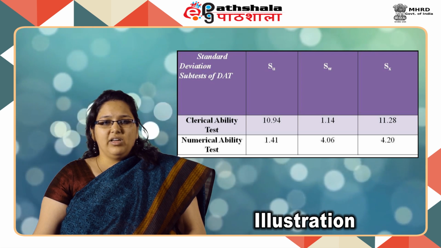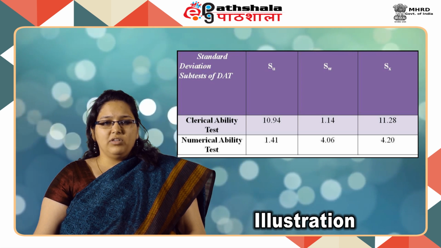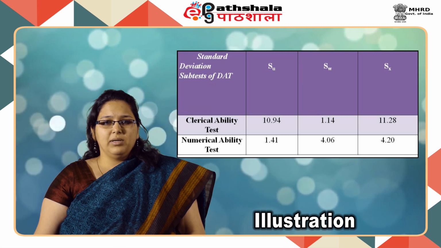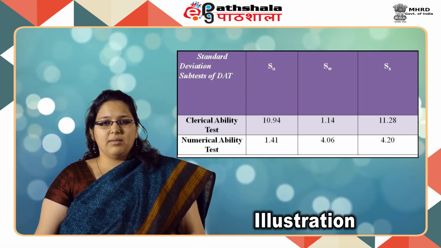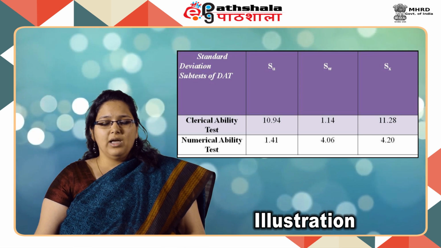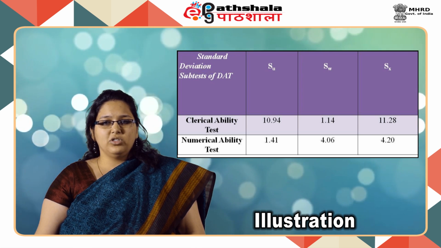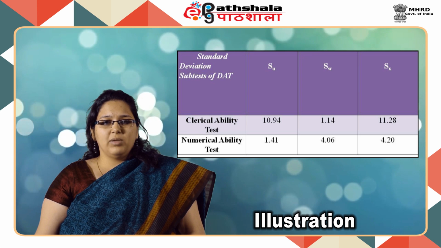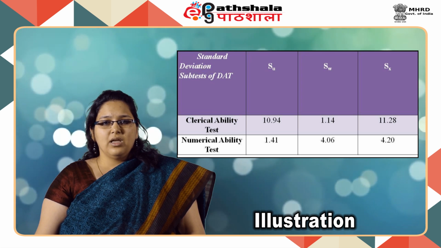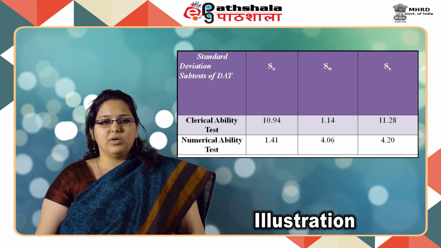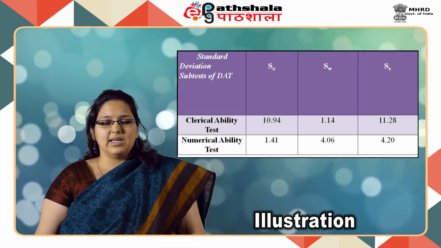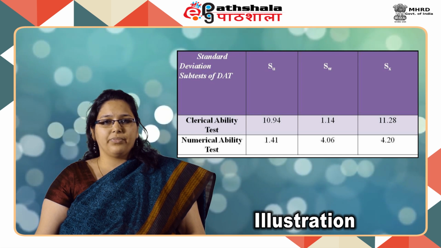The standard deviations of the subtests of DAT for the clerical ability test: Su is 10.94, Sw is 1.14 and Sx is 11.28. For the numerical ability subtest, Su is 1.41, Sw is 4.06 and Sx is 4.20.